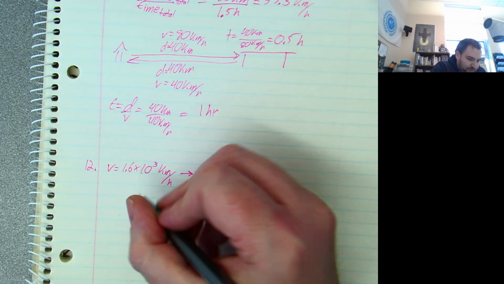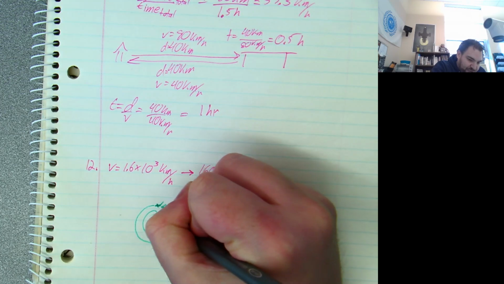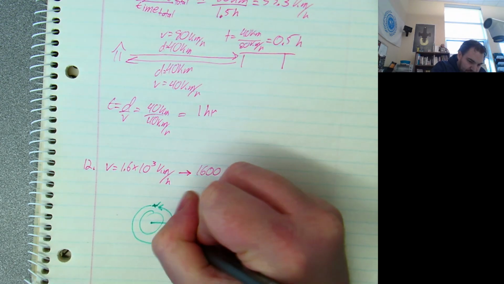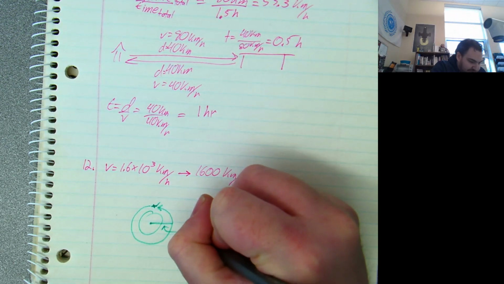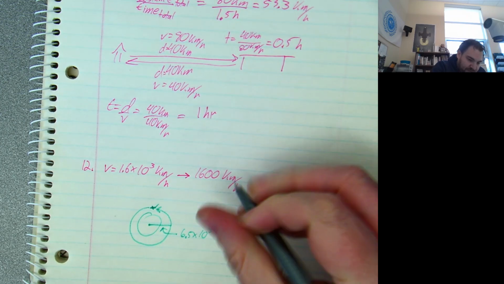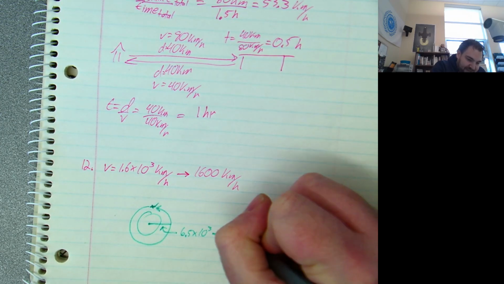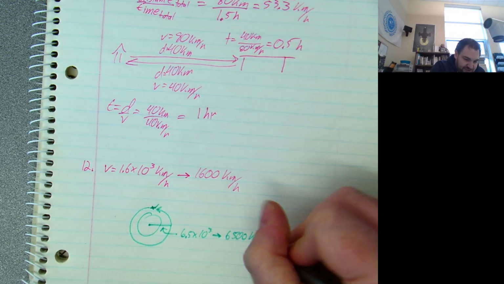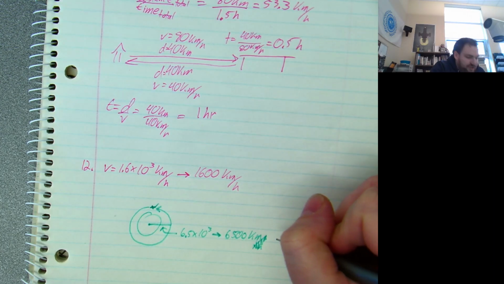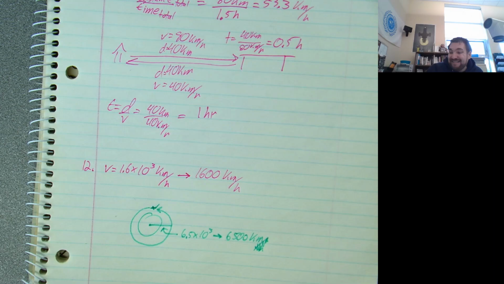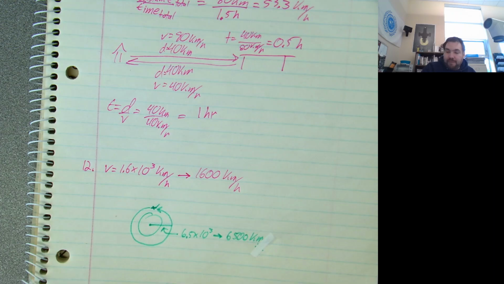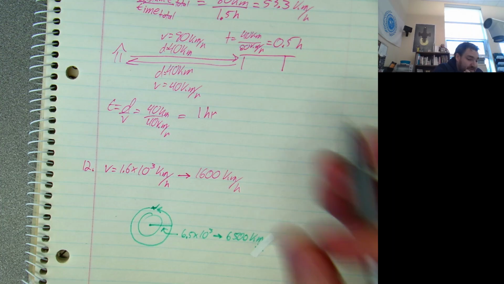And we're told that the orbital radius, so the radius of that circle, is 6.5 times 10 to the 3, or 6,500 kilometers. Just kilometers, yeah. It's a distance. And we want to know how many hours it takes.